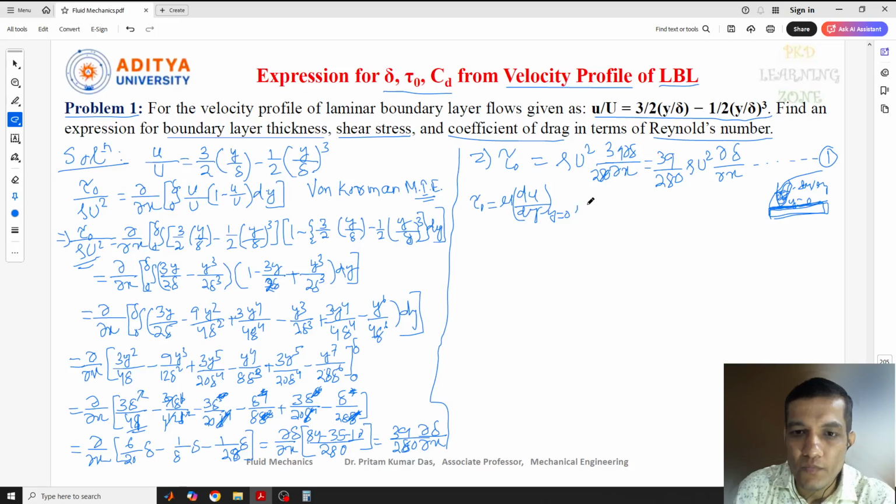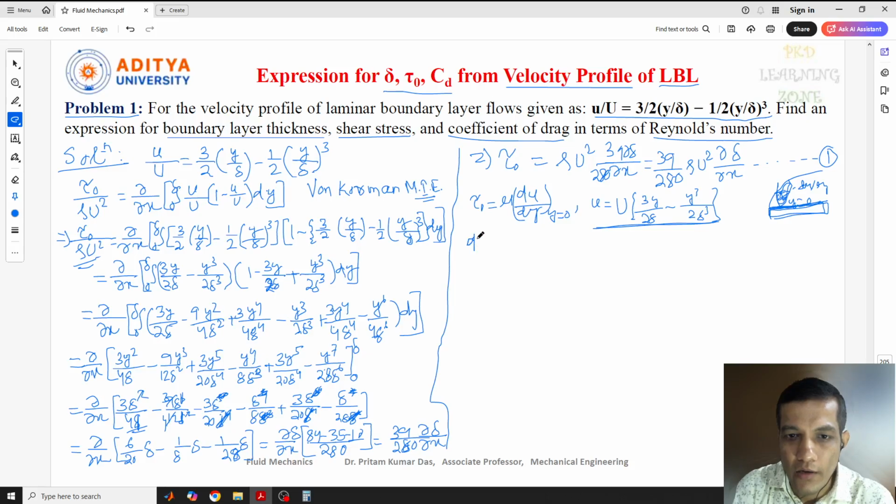Now what is the value of u? U is already given in this question. So here u equal to capital U times 3y by 2 delta minus y cube by 2 delta cube. This is the equation for u. Now just put this value in this equation, take the derivative of this u, that means du by dy, because we need to identify this value of du by dy.